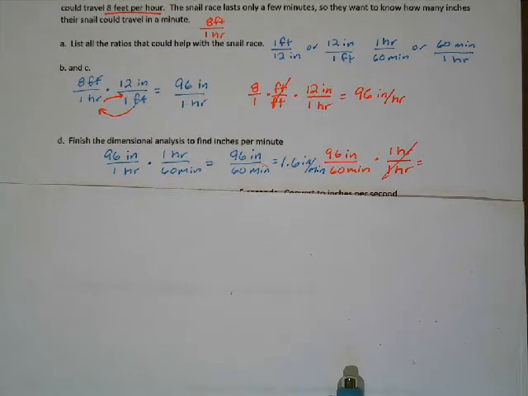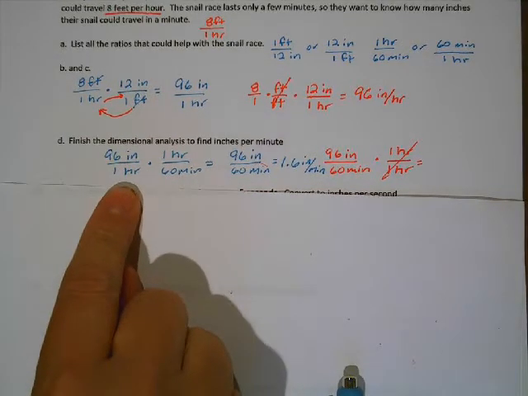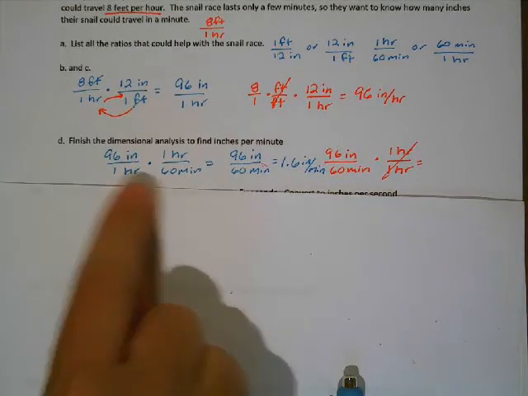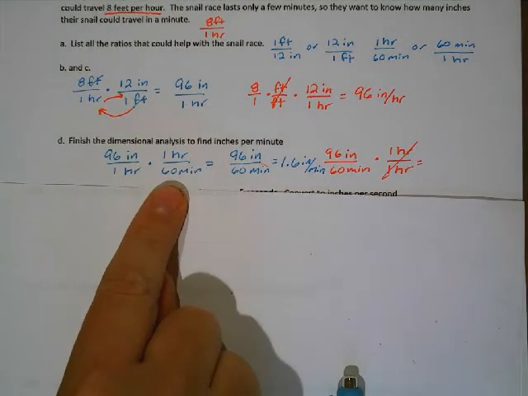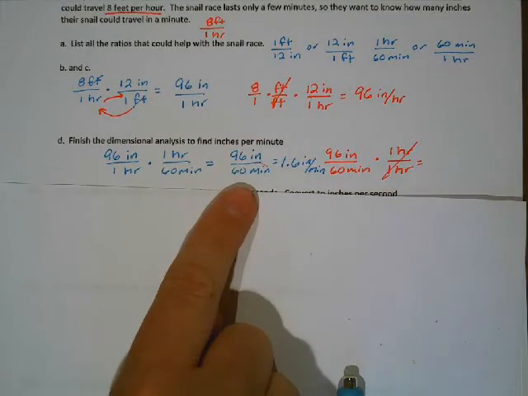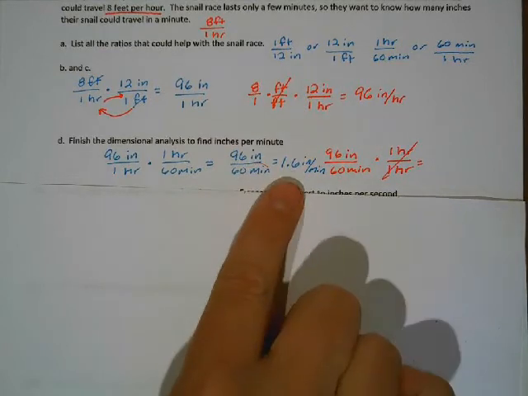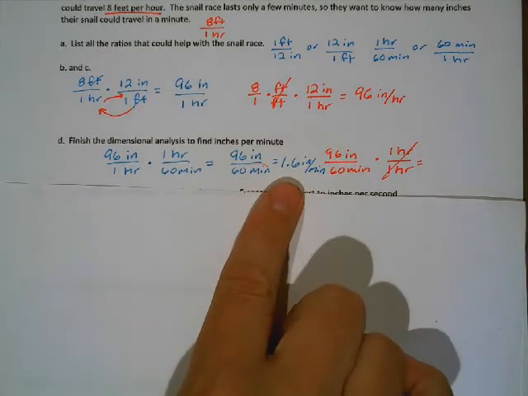All right, so here's what I have. I have 96 inches over hours, because that's where we left off last time. And then I used 1 hour over 60 minutes. And that left me with 96 inches over 60 minutes, which reduces to 1.6 inches per minute.